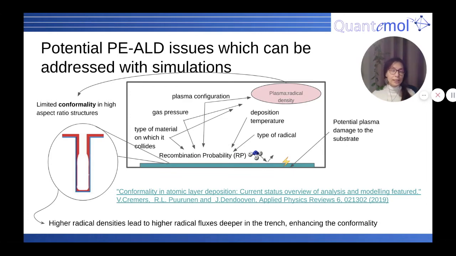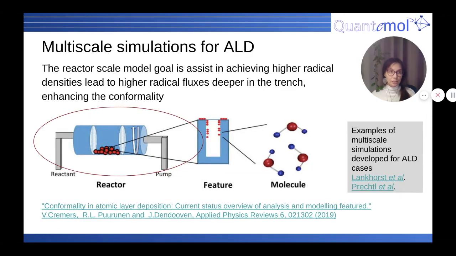Creating this high radical density is something which simulations can be very helpful with. So naturally, the ALD-ALE community is employing modeling, and the modeling is often required on multiple scales. In this presentation, I will talk about reactor scale modeling. In this situation, we are talking about more macroscopic parameters, and how pressure and power can make a difference to the process.